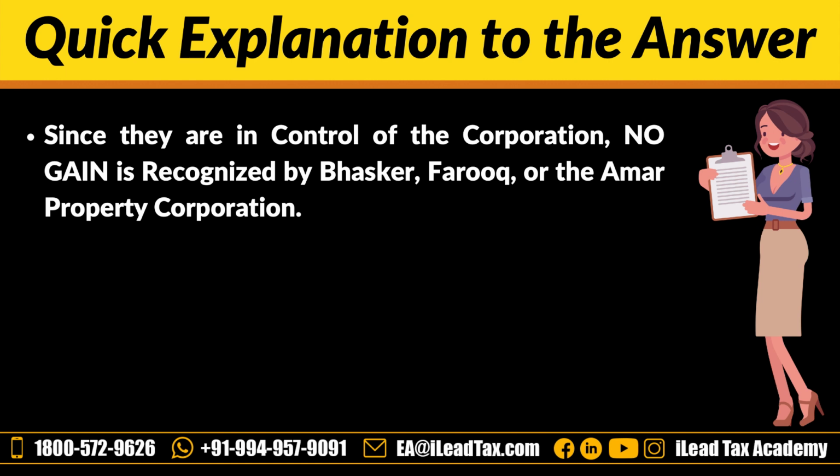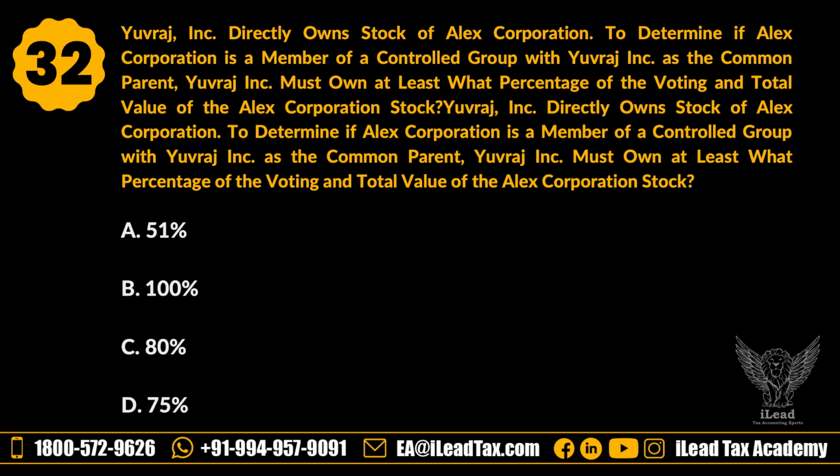They transfer the building to the corporation for all of its authorized capital stock, which has a par value of 100,000. So they got 100% of the corporation. So the corporation is in the control of Bhaskar and Farooq, and they qualify for Section 351. Since they qualify, no gain will be recognized for Bhaskar, Farooq and Amar. Let's go to the next question.